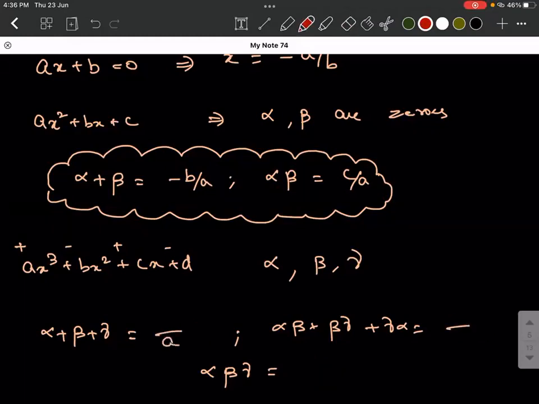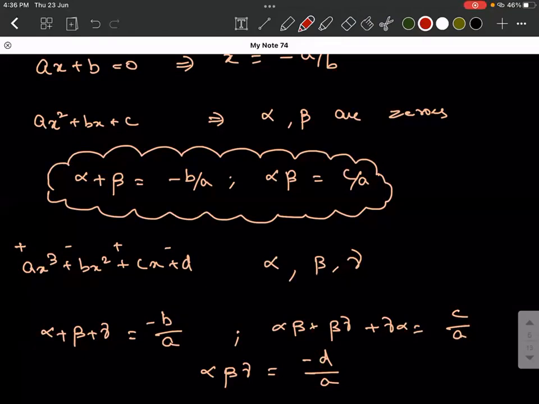So by A, and by A. So this will be minus B, this will be C, and this will be minus D. Understood? So that is the logic I used. So alpha beta gamma is minus 6 by 2.